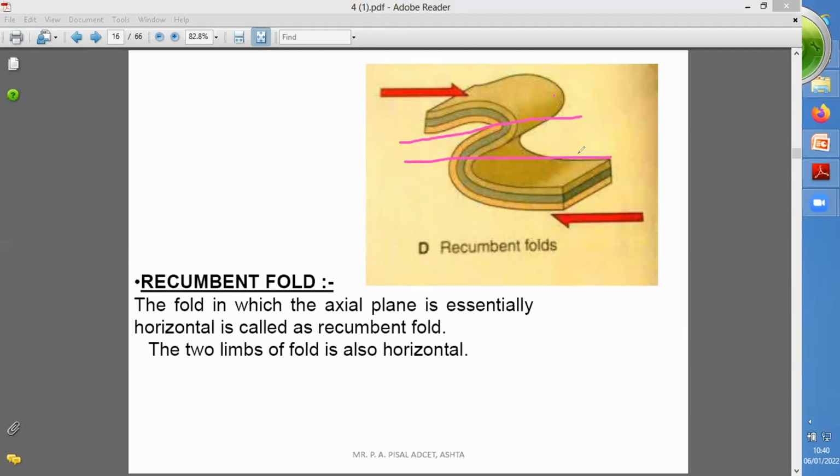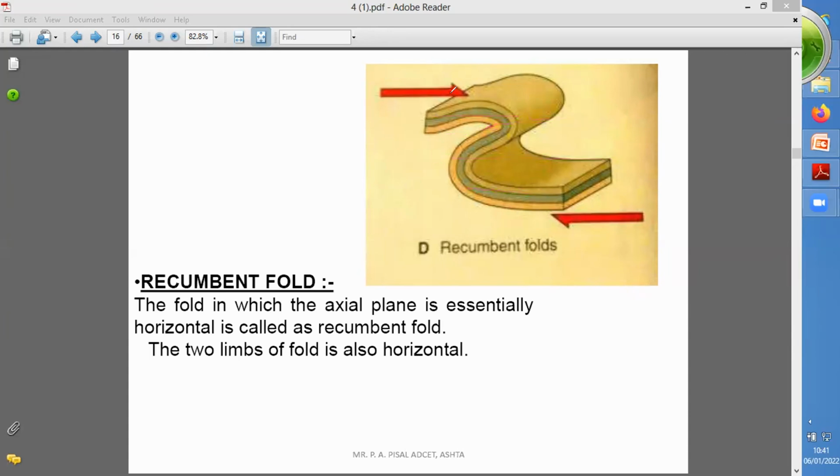The two limbs of the fold are also horizontal, that is both these sides. Now here you can see that this side or this side remains horizontal because the axial plane is horizontal. That's why the limbs, that is two sides of the folds, are also parallel and they remain horizontal to the axial plane.